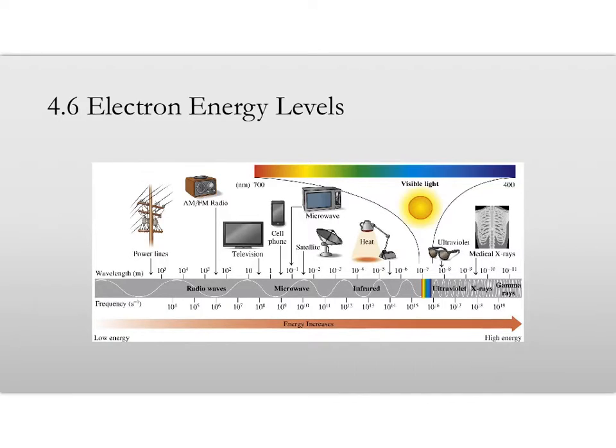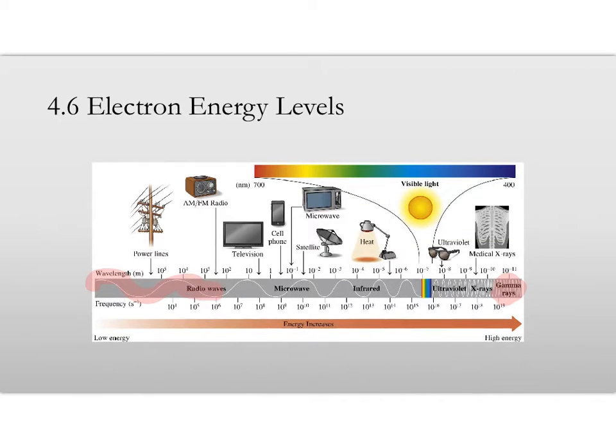So as you see here, this image has the electromagnetic spectrum from gamma rays on the right to basically long range radio waves on the left. So here's the gamma rays, and all of these are the radio waves.